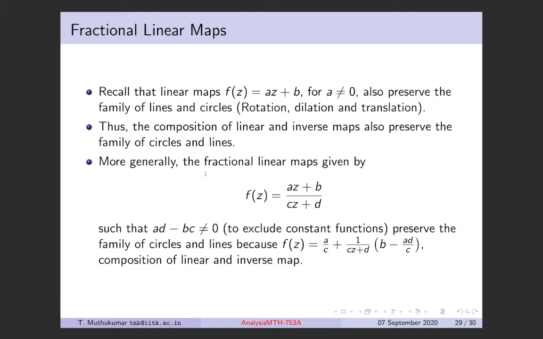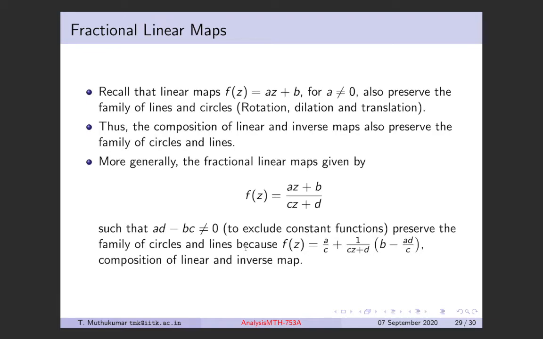So if you include this condition, then you exclude constant functions as possible maps here. And the proof that this map also preserves the family of circles and lines is similar to what we saw in the previous slide, using the equation of a line and circle and looking at the image.